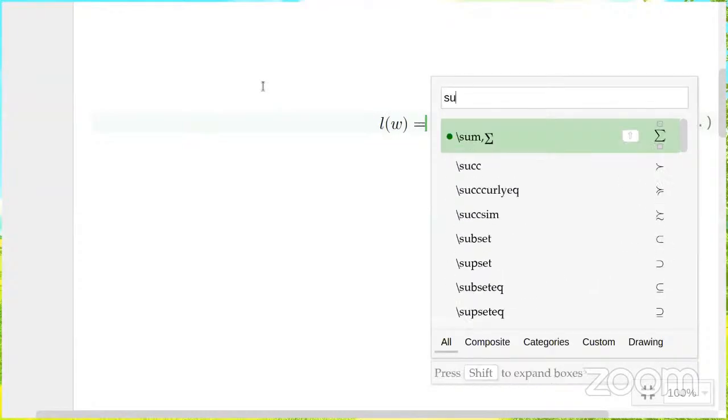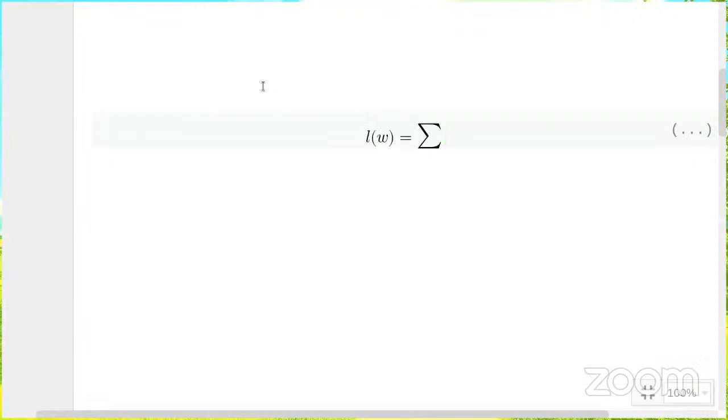So this is the negative log of likelihood. We are summing from i equal to 1 to n, so there are n training examples.